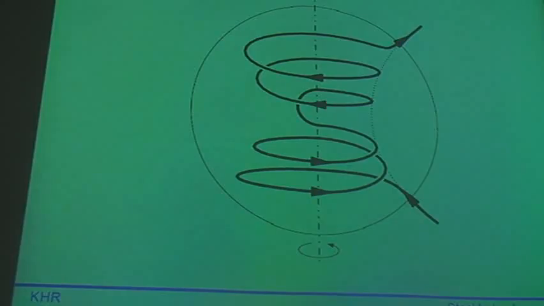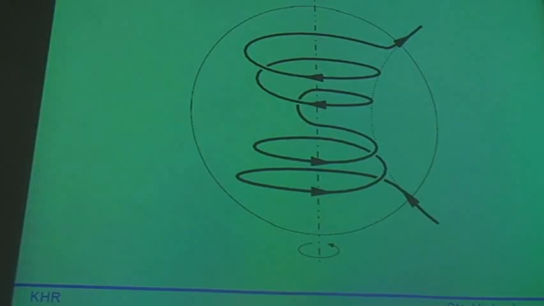So it means differential rotation produces, at least with axisymmetric fields, a toroidal field from a poloidal one.